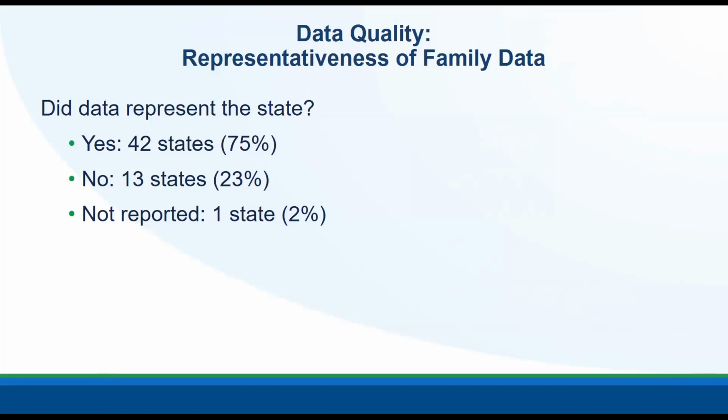So this data comes from a self-reported question in the GRADS platform that says the demographics of the families responding are representative of the demographics of infants, toddlers, and families enrolled in Part C program. And the state will check yes or no. So here you can see that 3/4 of states selected yes, that the data did represent their state Part C population, and another quarter or so said no.